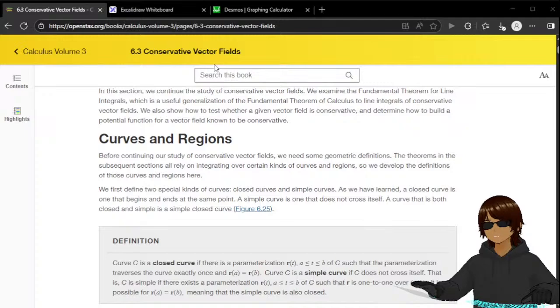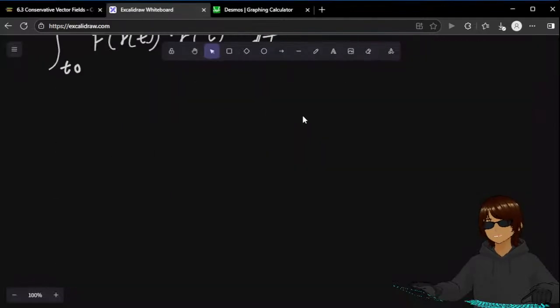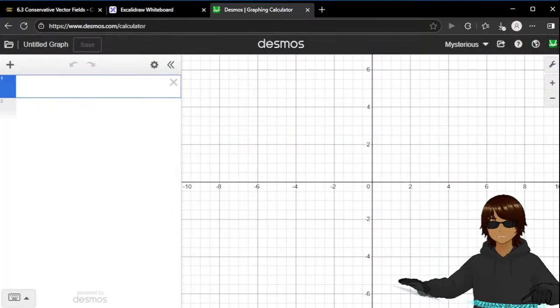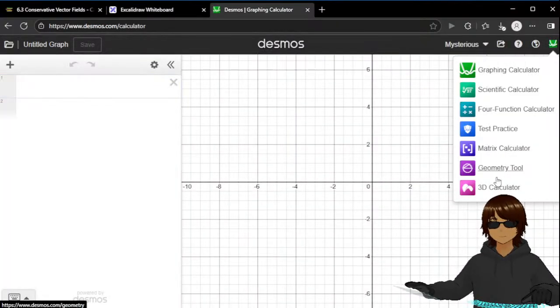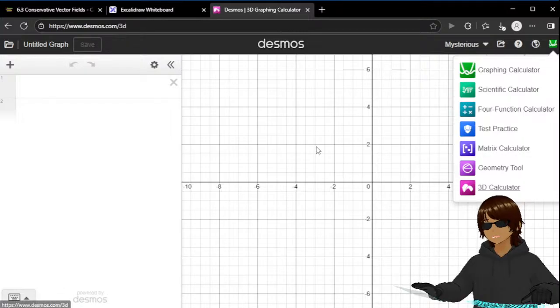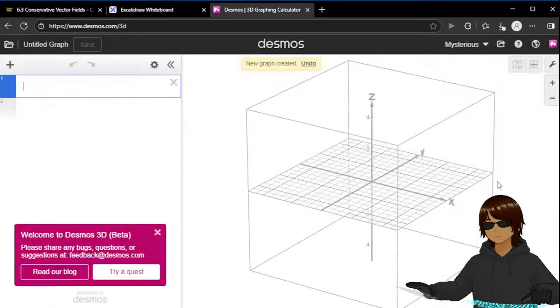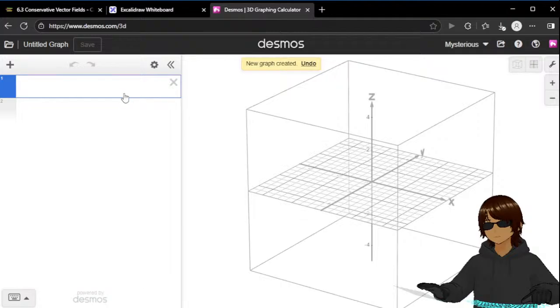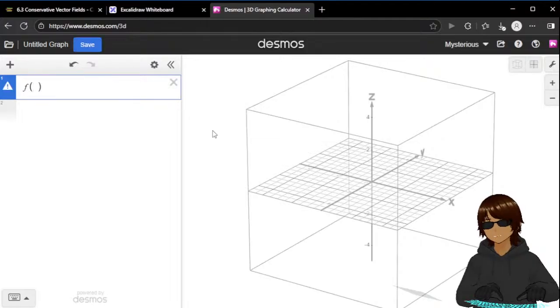Okay, so now we are going to study conservative vector fields. So basically, if I have a 3D graph, any 3D graph, in a 3D calculator, f of sine x plus sine y plus 2.